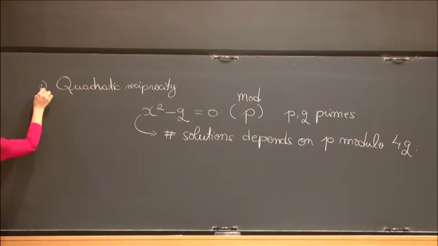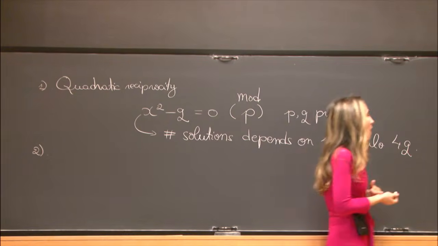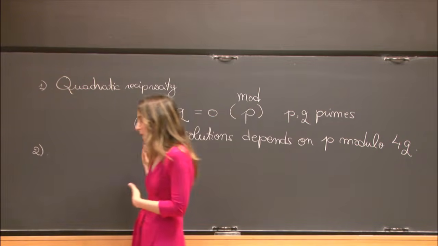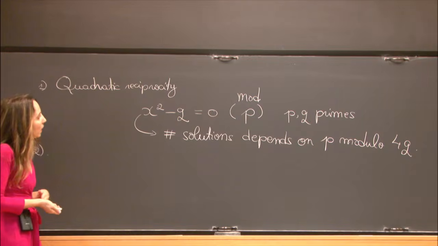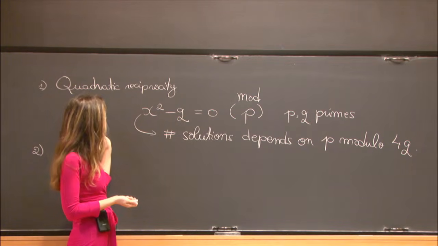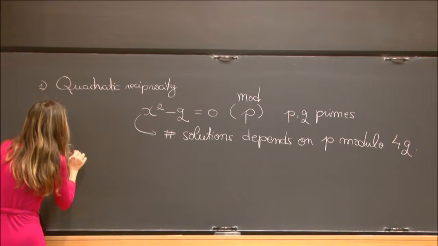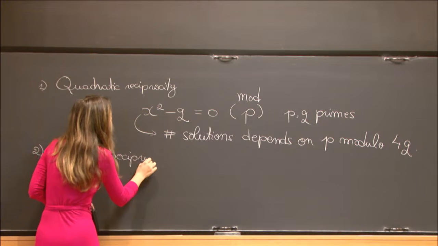So this is maybe the first example that I want to give. But then in the 1950s, Eichler wrote down a different kind of reciprocity law. So this was maybe the next really spectacular development, a reciprocity law involving a cubic equation in two variables.